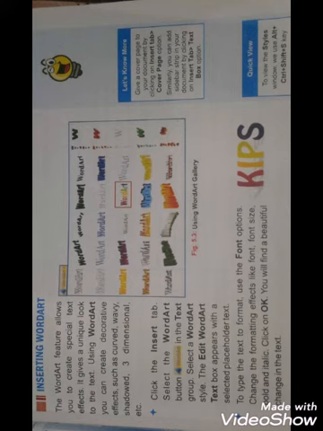Now here we type the text which we want to be displayed in the word art. After typing, we click on the OK button. Whenever you click on the OK button, the same effect will be applied on the text which you have chosen.